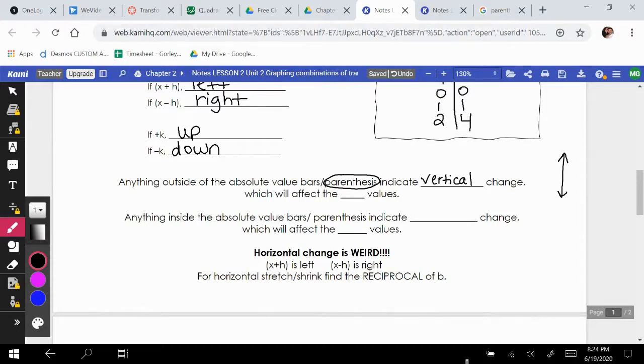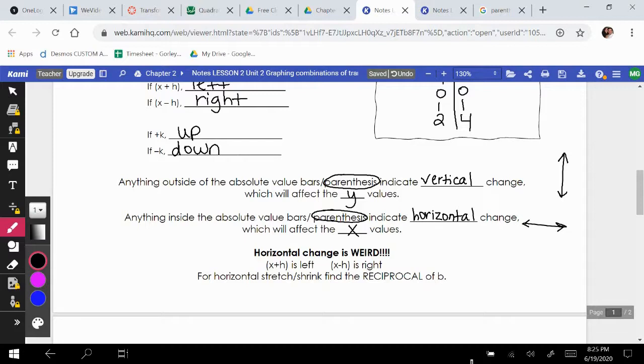What is your vertical axis called? It's called your y-axis. So we affect the y values. Whereas anything inside the absolute value bars, or in this case inside the parentheses, would indicate horizontal change. And that's because your horizontal axis is your x-axis, which will change your x values.